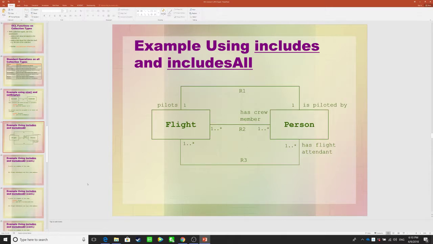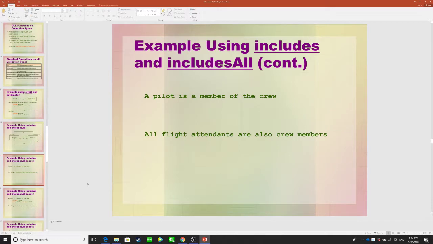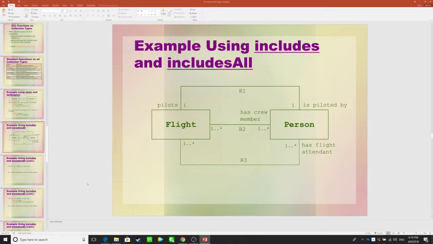Let's go back here. First, we need to have a context, right? Context is flight. What is the other thing?